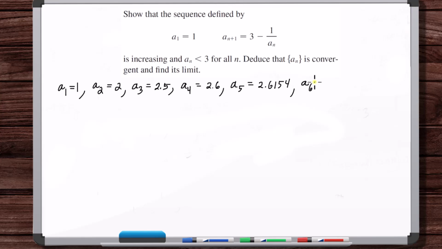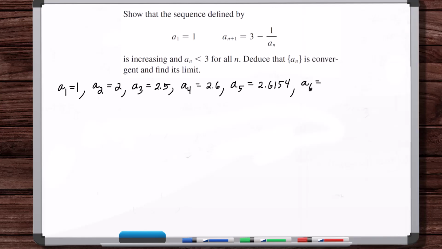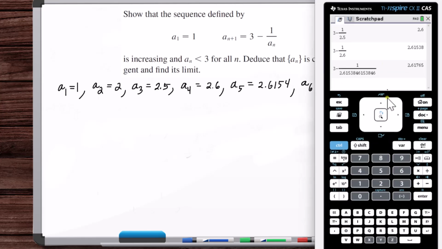A sub 6 is 3 minus 1 over the previous answer, 2.6177. Let's go one more. A sub 7 is equal to 2.6180.